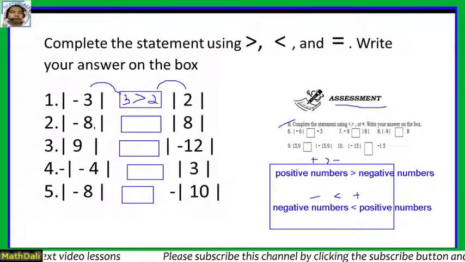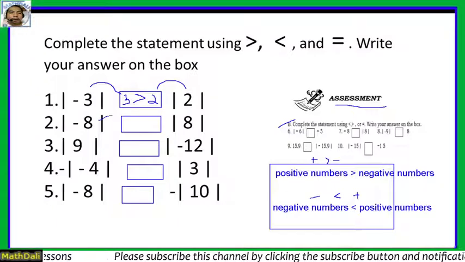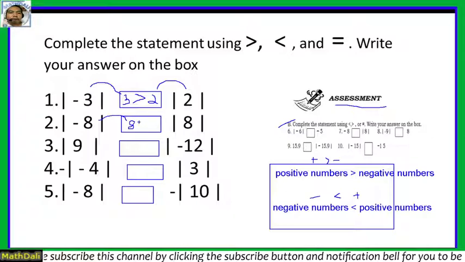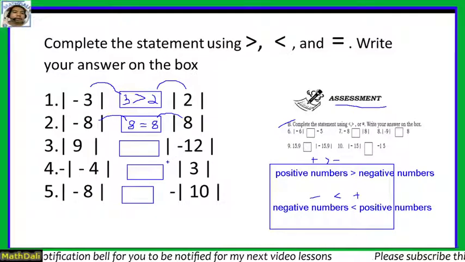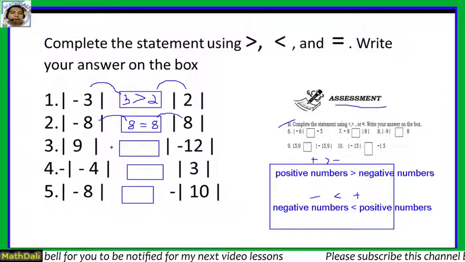Ayan. Okay, next. Absolute value naman ng negative 8. That is equal to positive 8. Absolute value of 8. That is equal to 8. So, 8 then 8. Since parehas yan, ang lalagay natin dito ay equal. Okay, next. Absolute value of positive 9.